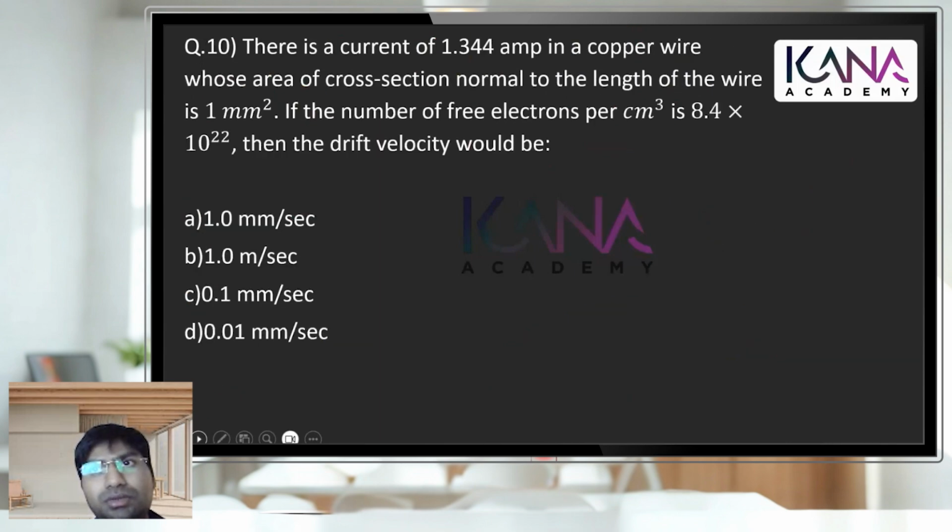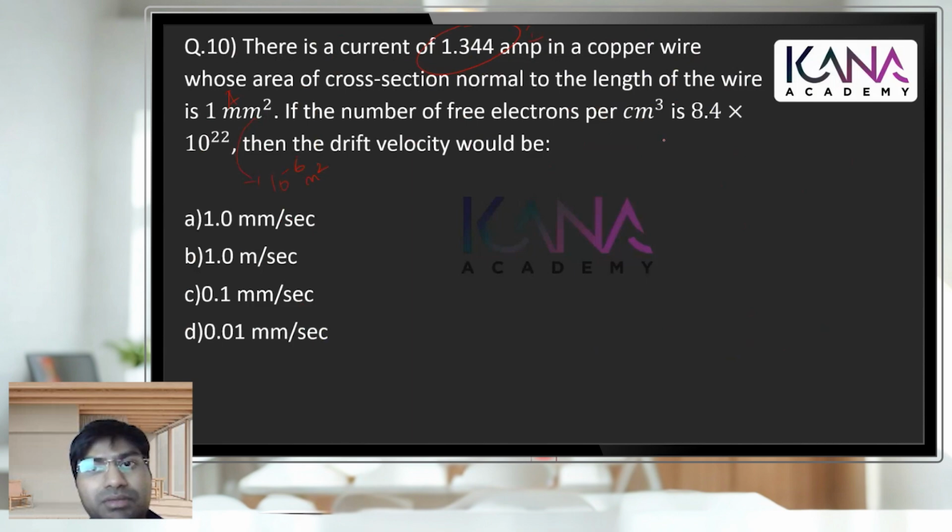Next question, 10th one. So here there is a current I given, and the cross section area is this, that's A. This is in millimeter square, but we can convert this into 10 power minus 6 meter square.